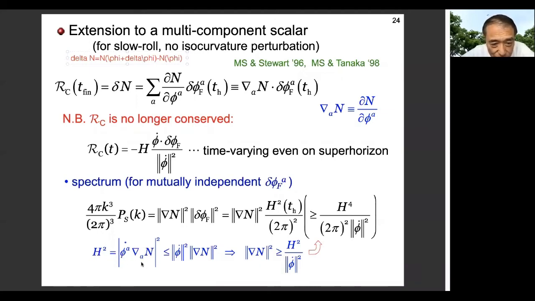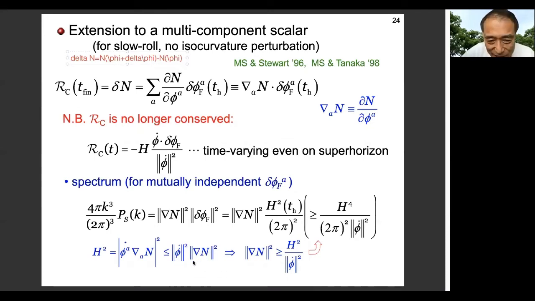So Hubble squared is (phi dot dn/dphi) squared, and this is the famous inequality I forgot in mathematics: the square of the product is less than the product of the squares of each component.